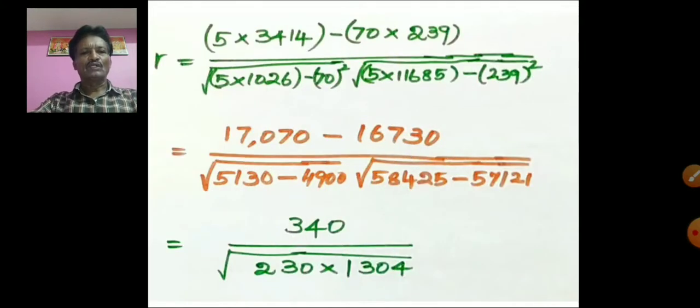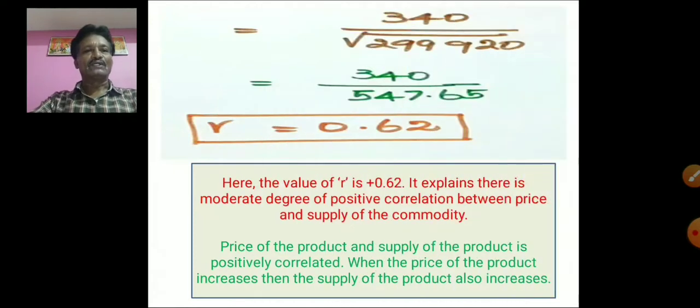product of 230 and 1,304. You take the product of 230 and 1,304, so that is equal to 2,99,920. So now in the numerator we are having 340, and in the denominator we are having under root 2,99,920.